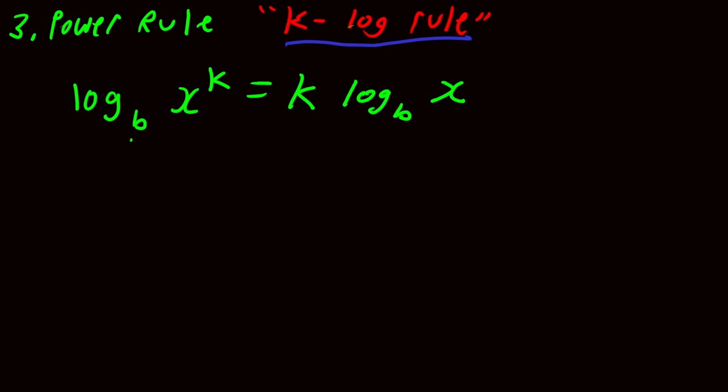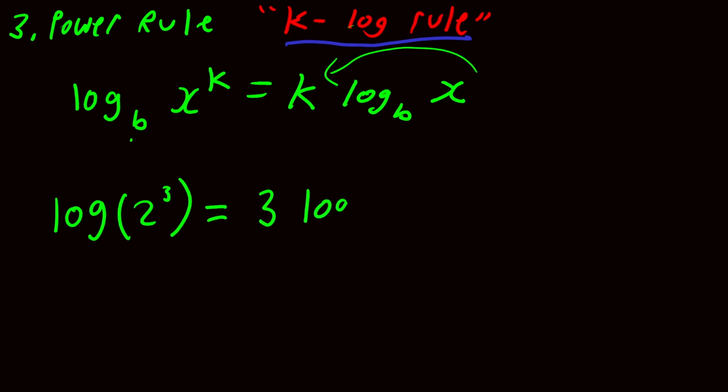This k just got brought down. Okay? So, for example, if there's a number in front of a log, you can move it inside as an exponent. So, if I have log of 2 cubed, this would be the same as 3 log 2, right? It's the k-log.